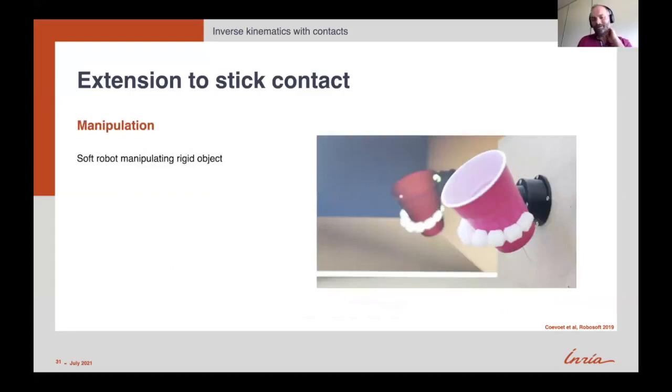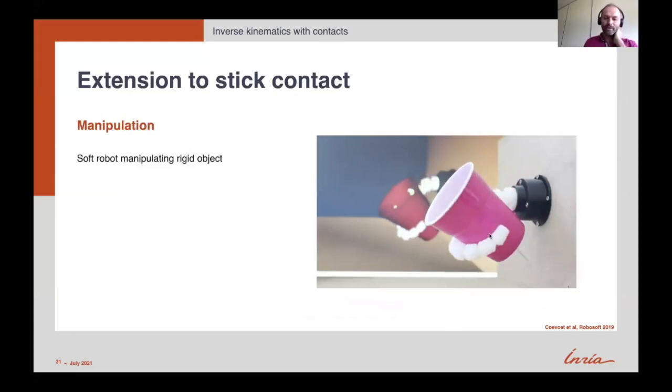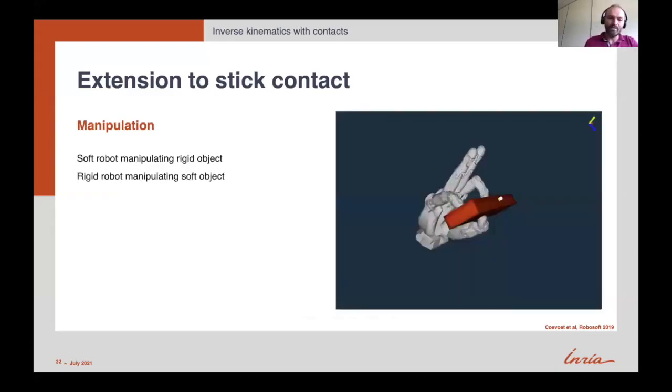And as I showed you before at the beginning of this presentation, we are also able to deal with manipulation thanks to the modeling of stick contact between this cup and the deformable trunk. This allows also to control manipulation. So here is the inverse.